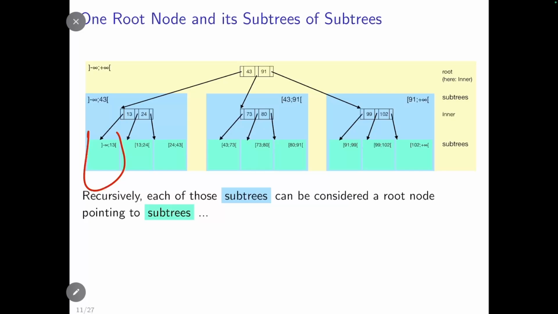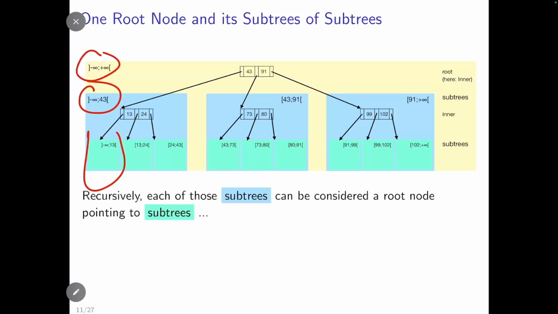An important property is this key partitioning that these subtrees are doing. So the yellow, the overall tree, represents the entire range from minus infinity to plus infinity, the entire key domain. So here's some int or float domain. And each subtree represents a subset. So this is a subset from minus infinity to 43 excluding.